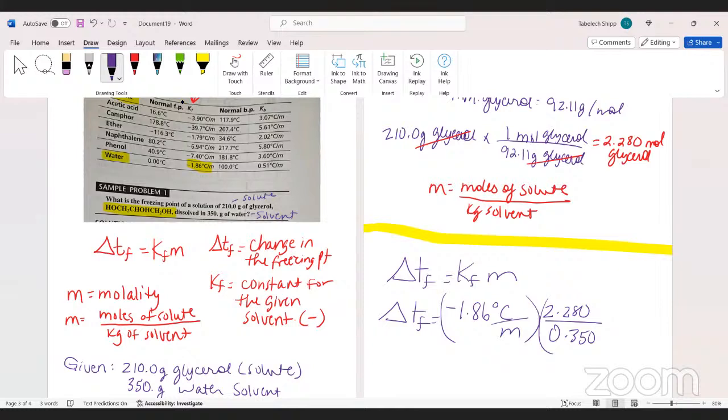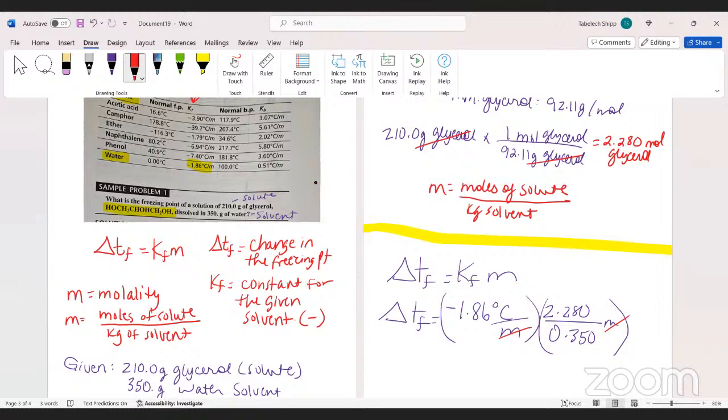Remember these units, I'm going to zoom in a little so you can see. I'm going to put the M there for molality because those units are going to cancel out anyway. Moles is on top, kilograms is on the bottom, so that allows me to simply cancel out my molality unit.